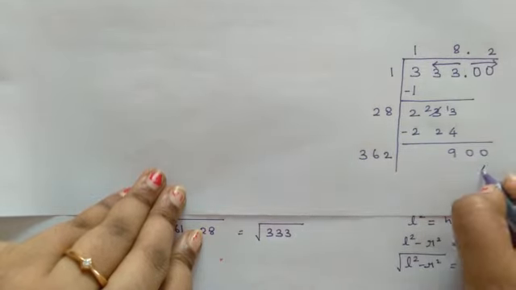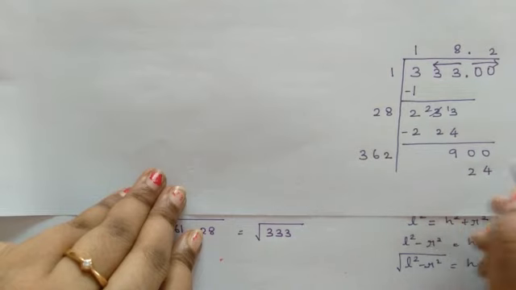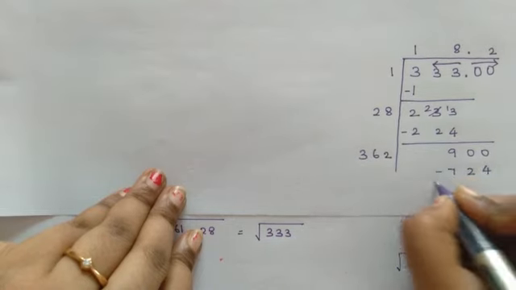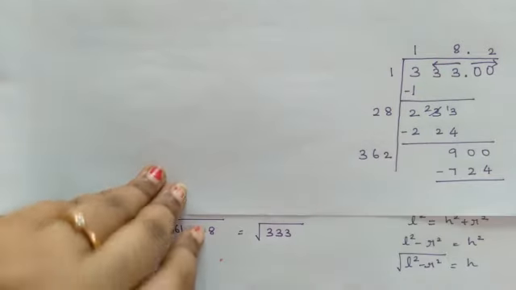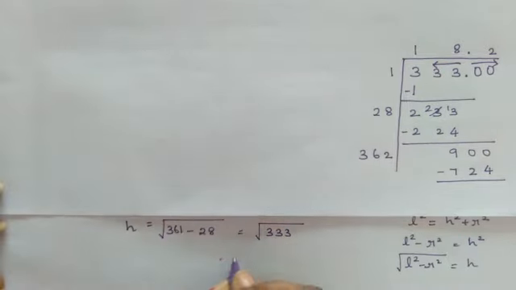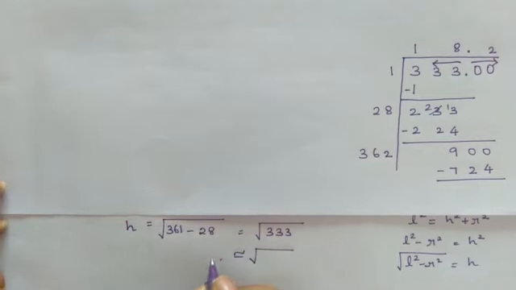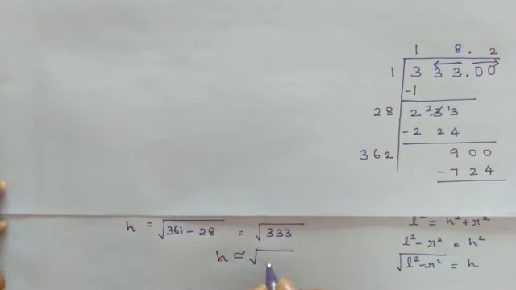What is that? 2 2s are 4, 2 6s are 12, 2 3s are 6 and 7. Need not subtract, leave it as it is, don't waste your time. 18.2. This is nothing but the approximate value of the height of this circular cone. Square root of 333 is equal to 18.2. That's it. Hope you all understood. Thank you.